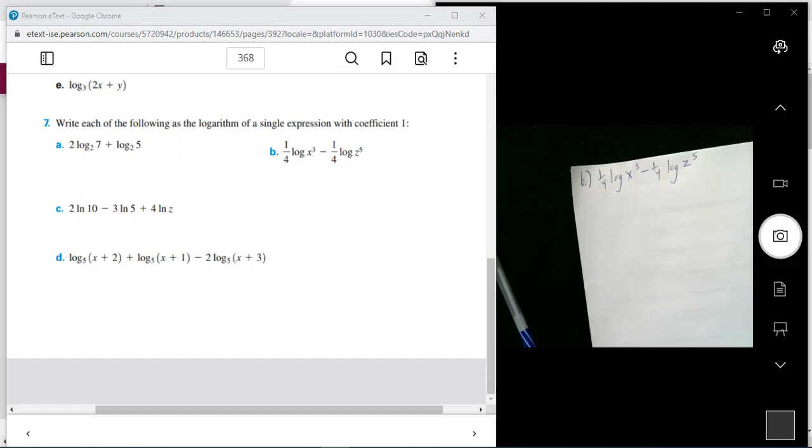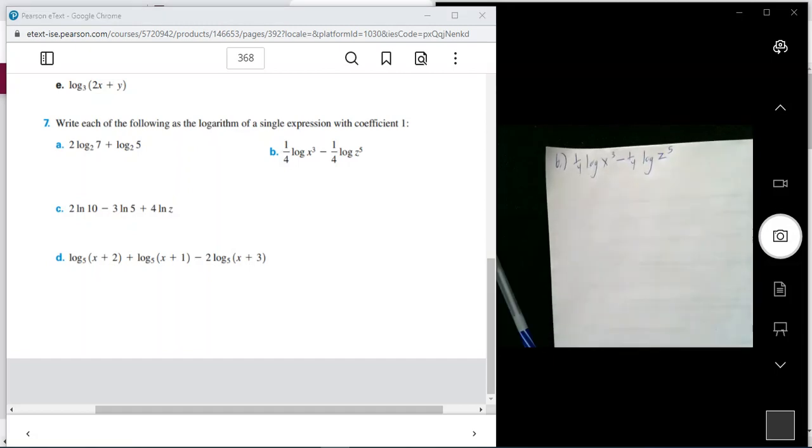Okay, so B. Okay, class, I decided to start back over with 7B because I made an error that would have taken a long time for us to change. So I just decided to start fresh.